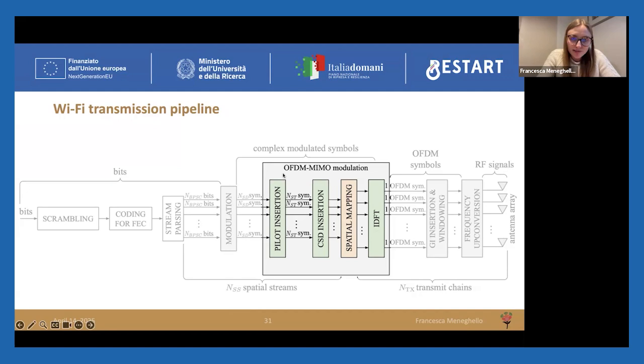Actually, we will focus now on this block, that is the OFDM MIMO modulation, where we have here the spatial mapping, where the precoding is applied. So the different streams are multiplied by the precoding weights, and then an inverse discrete Fourier transform is used in order to obtain the different OFDM symbols.